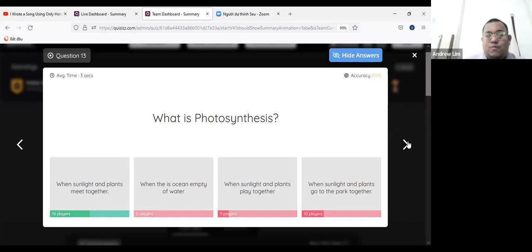Ocean cannot be empty of water. And sunlight and plant cannot go to the park together because plants have no legs. So the very obvious answer is when the sunlight and the plants meet together, which is a basic, simple, short definition of photosynthesis. All right, next question.